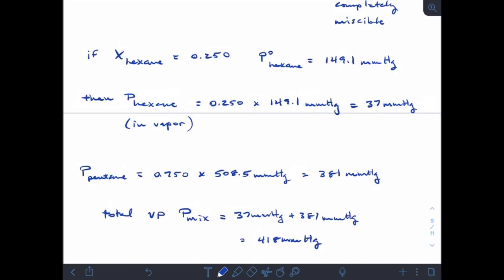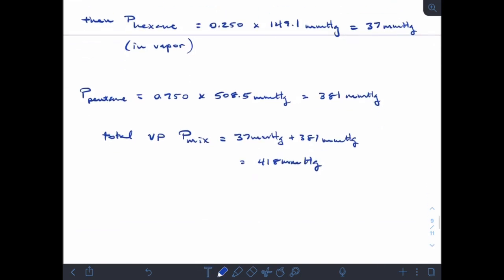Okay. So halfway to boiling, just all by itself. And remembering Dalton's law of partial pressures, that the pressure total is the sum of the partial pressures.